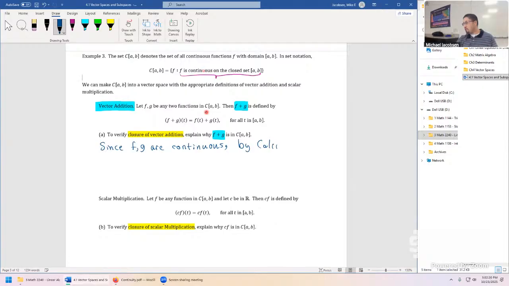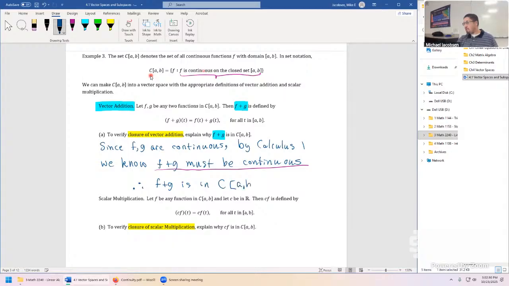By Calculus 1, we know f plus g must be continuous. The moment we say that f plus g is continuous, that's the set membership condition, we can immediately say, therefore, f plus g is in CAB.